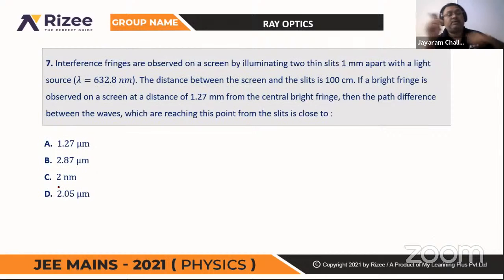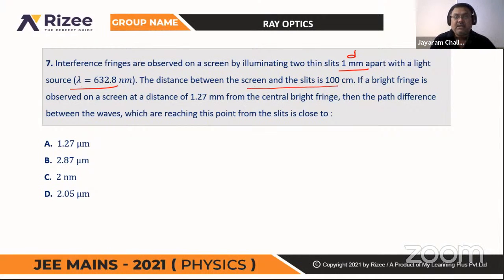Fine. Next one. Interference fringes are produced on the screen by illuminating two thin slits 1 mm apart. That means he has given the small d, that is the distance between the two slits. Light of wavelength he has given, that is 632.8 nanometers. The distance between the screen and the slit is 100 centimeters.